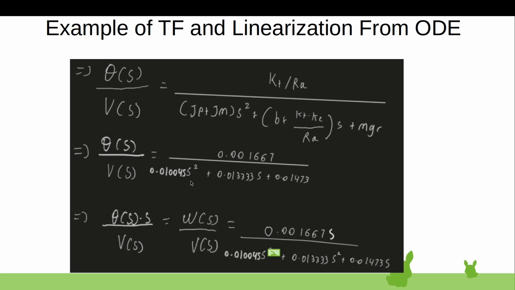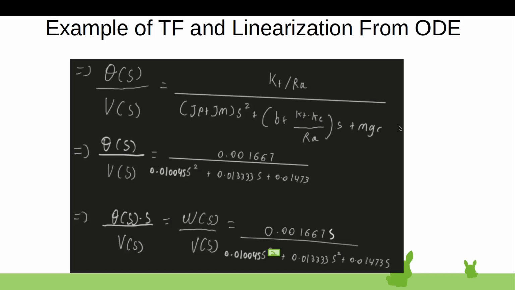Essentially, we get our transfer function, and if we would equivalently want the angular speed, or velocity, you would just multiply the numerator by s. Here it's a green box because I made a small mistake, but essentially it will be of power 2.